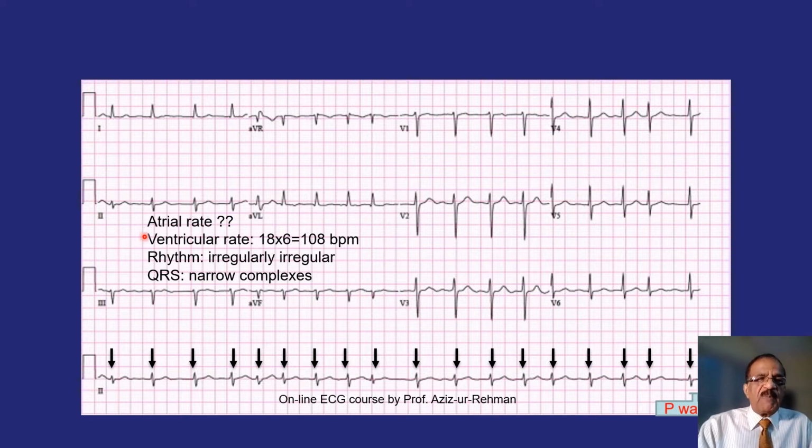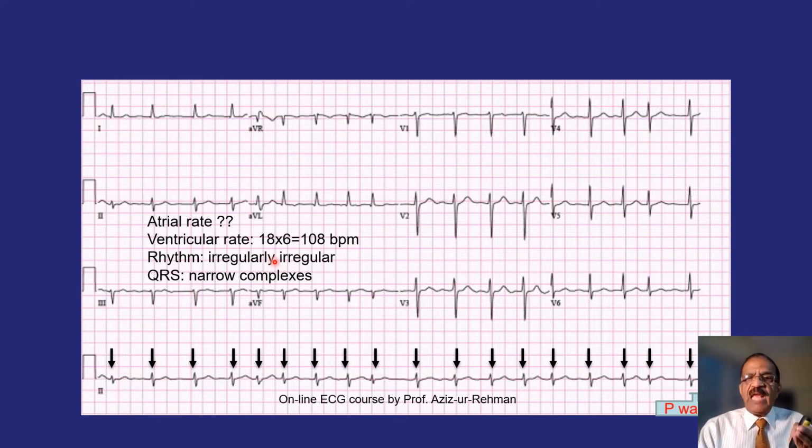Some observations: atrial rate we can't tell because we don't see atrial contraction or atrial depolarization. Ventricular rate we have to calculate by counting the QRS complexes in a certain time interval and then multiplying. Like I did it for 10 seconds. These 10 large squares, or 10 times 5, 50 small squares, is 10 seconds.